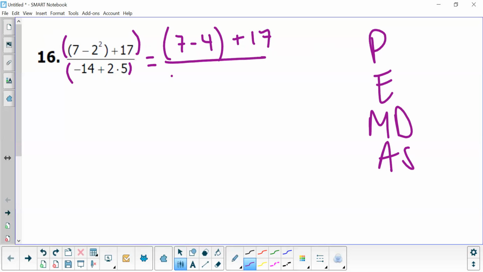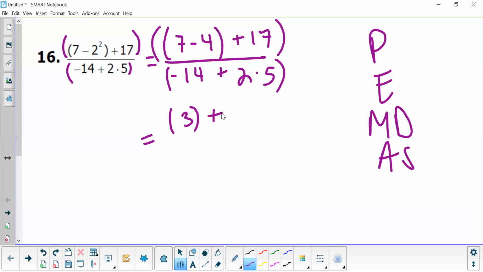On the bottom, we haven't done anything yet, so let me just copy that over. Again, we're imagining that the bottom has its own grouping symbols, and so does the top. Then keep simplifying. Those parentheses can be simplified further. So 7 minus 4 is 3, plus 17 over negative 14 plus 2 times 5.